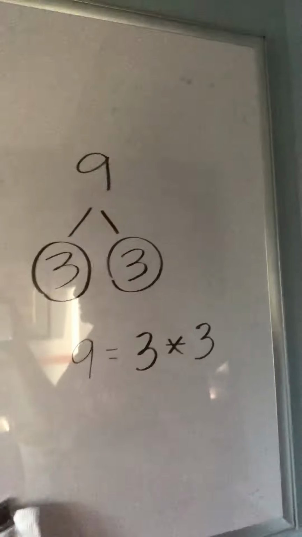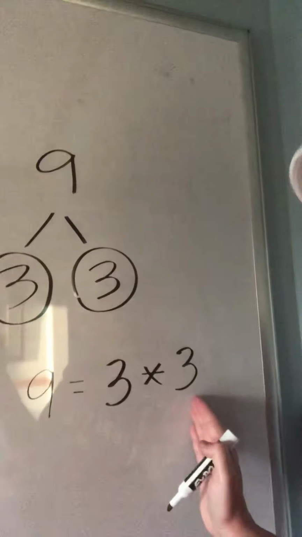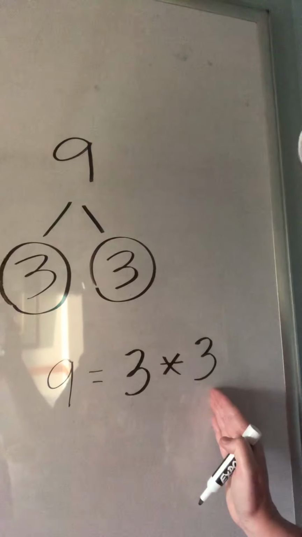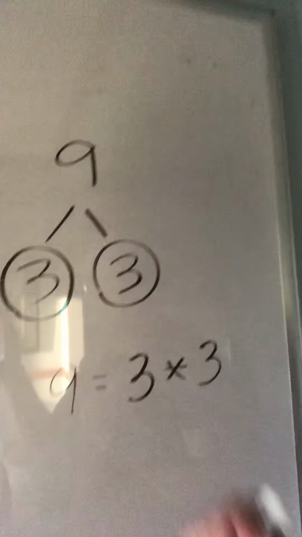The prime factorization string is all numbers that, when you multiply them together, give you the answer that you started with at the very top. Okay? So that's all there is to it. The next number is 14. So please break that into prime numbers. 14.